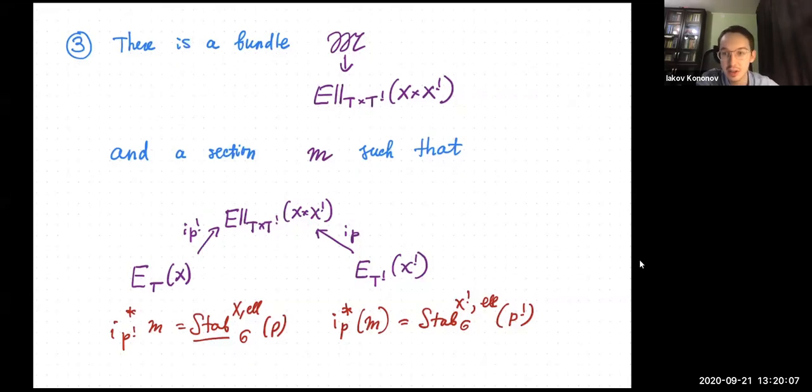It corresponds to a restriction of a class to a point. And the same we have for a dual variety. Then the pullbacks of such a section should give us elliptic equivariant cohomology stable envelopes of varieties X and X factorial. So the pullback under inclusion with respect to P factorial should give us stable envelope of P and vice versa.